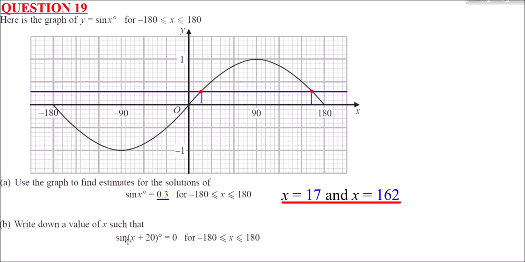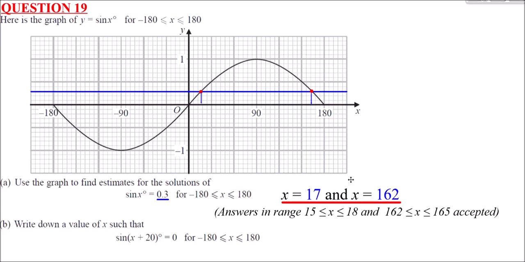I'm going to think of this being sine of b, where b is the bracket, equals 0. I'm just saying here as well, that's the answers that should be accepted for part A. For part B, I'm just going to replace x plus 20 and think about it in terms of big B for bracket. So I want when sine of what's in these brackets is equal to 0.